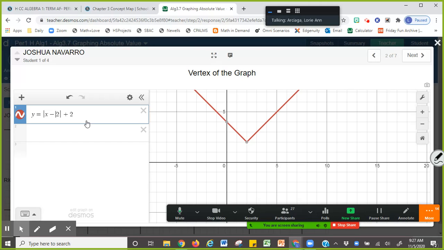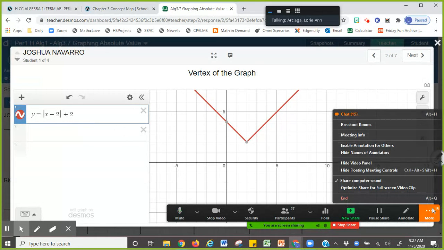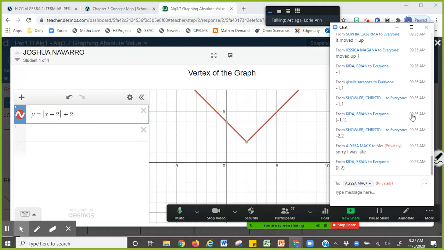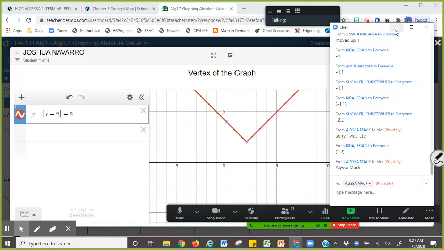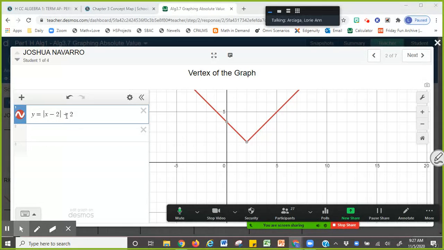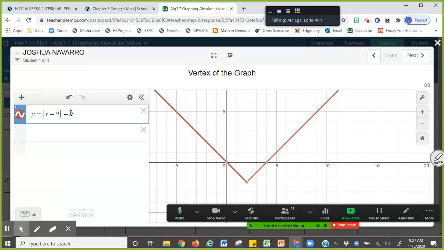Well, this is so nice, in the classroom when you guys can really describe what's happening. All right. So the vertex now, according to Brian, is at 2, +2. Very good. Okay. Maybe you're wondering if it will ever go down. So you want to change it to -2 now? Ooh.